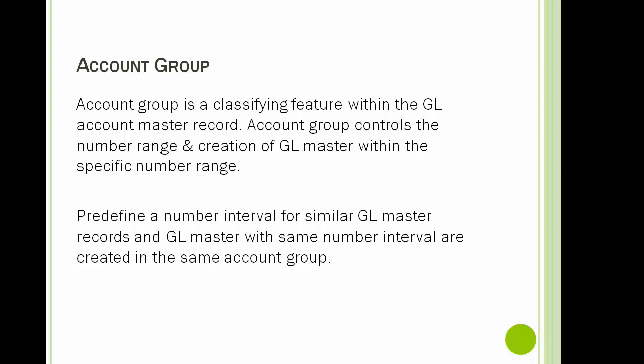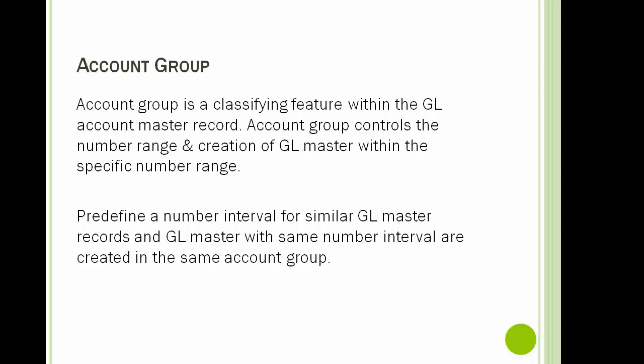Similar groups are created so as to have a simple understanding and recognition. It could be easy to recognize which group refers to which, and it becomes easier for reporting and all.